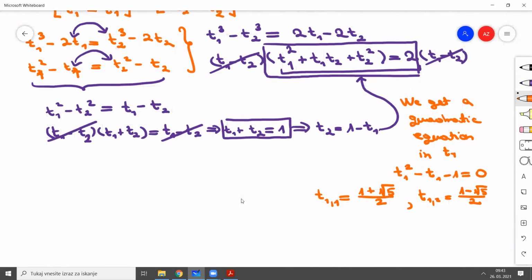Okay, and then T2,1 is then, so we have T2 is 1 minus T1. I use this here, and what I actually get is 1 minus square root of 5 over 2.